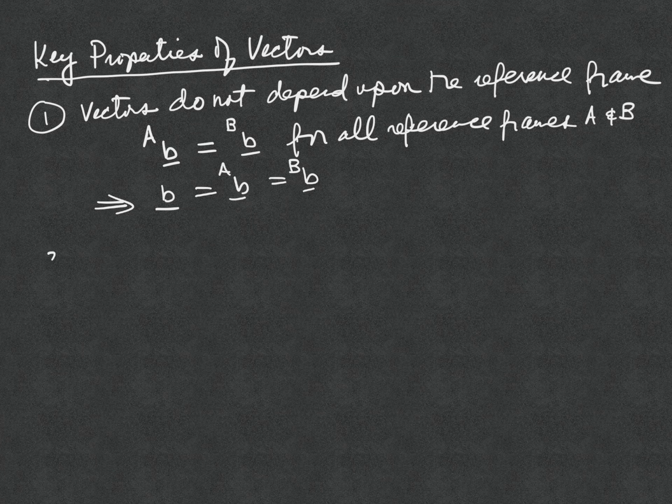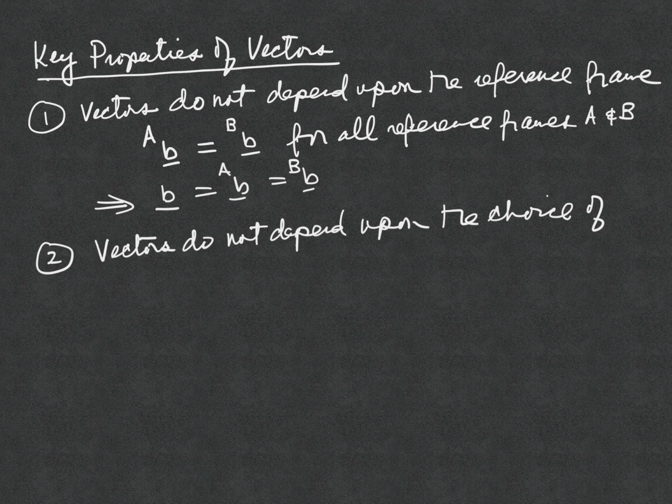The second thing is that vectors do not depend upon the choice of coordinate system. What does that mean? Well, suppose that we have two bases.